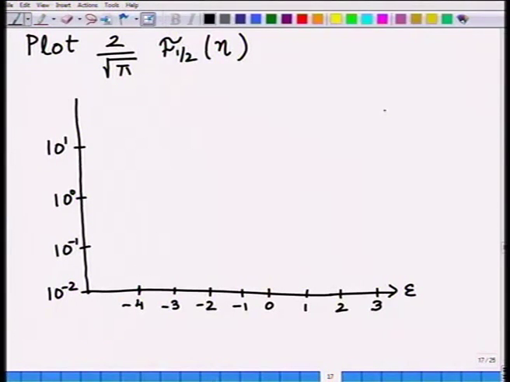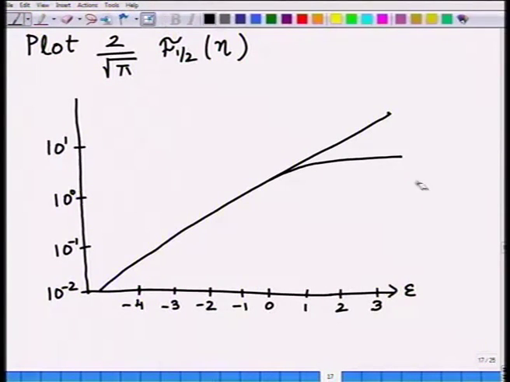Somewhere here, this looks like a straight line, and then from 1 onwards it starts behaving like this. All right. So, maybe I plot it like this with a different pen.